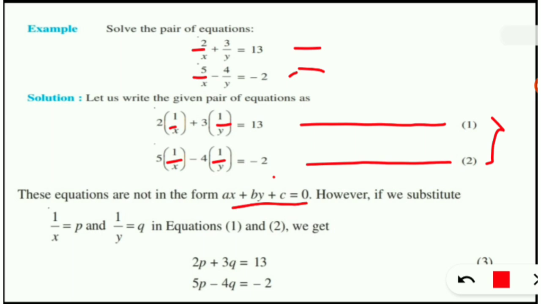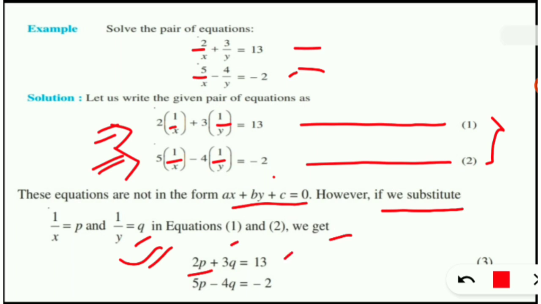However, if we substitute 1 by x equal to p and 1 by y equal to q in equations 1 and 2, these two equations transform as follows. Since 1 by x equals p, 2 into 1 by x becomes 2p, and since 1 by y equals q, 3 into 1 by y becomes 3q, so 2p plus 3q equals 13.